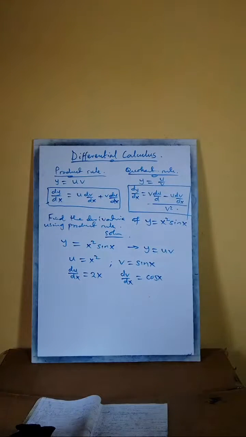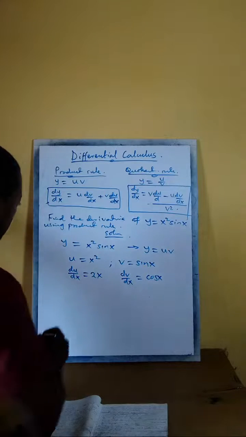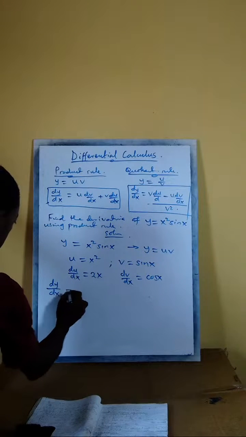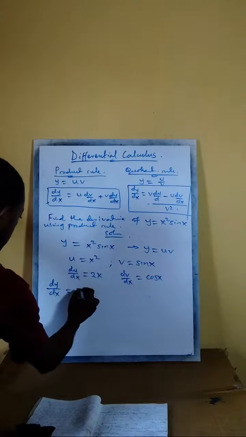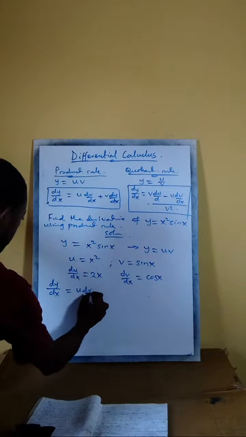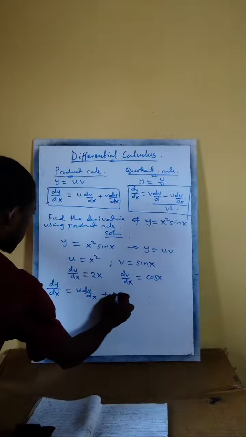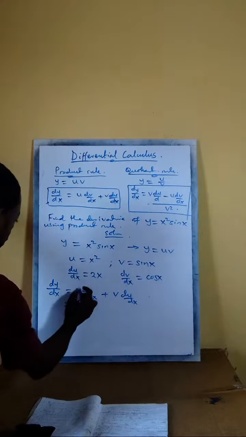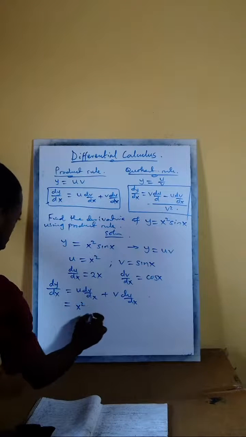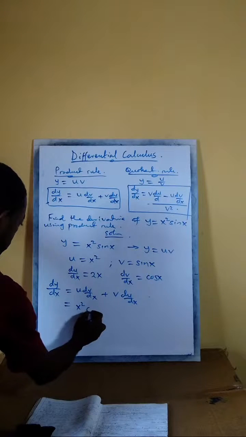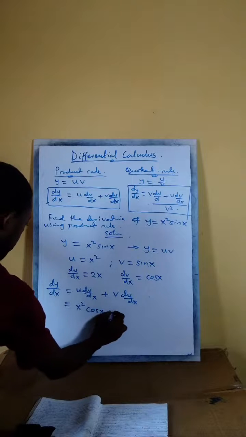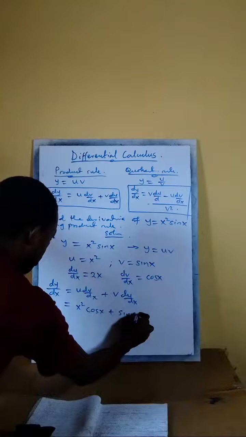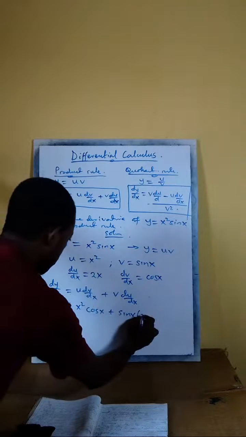That's a standard derivative. And here, we can now say dy/dx will become u dv/dx plus v du/dx. That is, u, which is x squared, times dv/dx, which is cos x, then plus v, which is sine x, times du/dx, which is 2x.